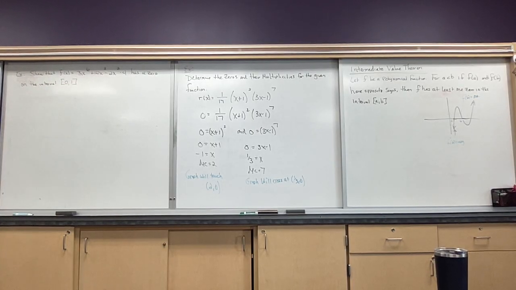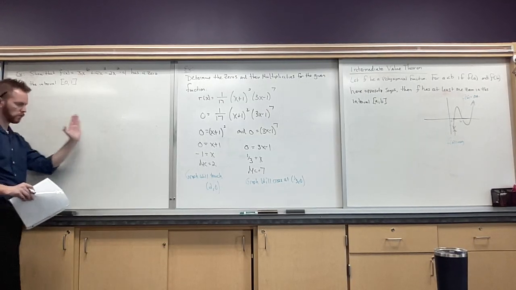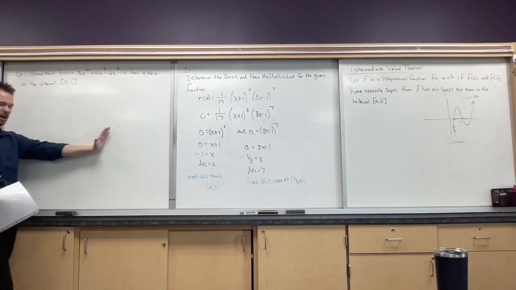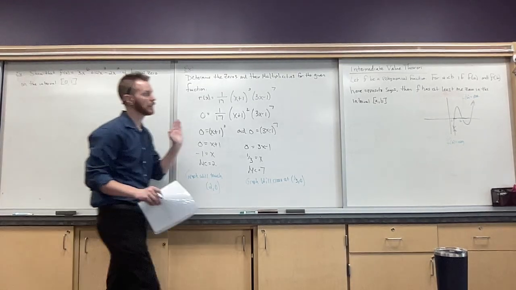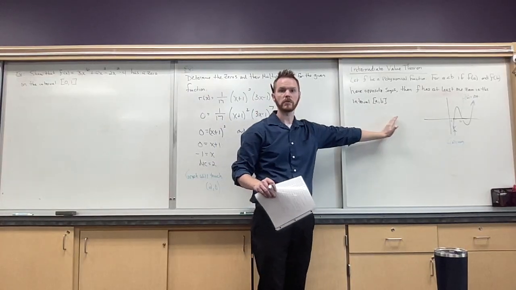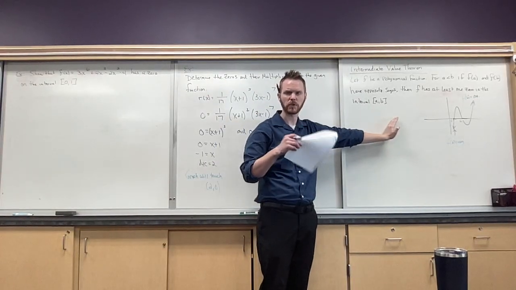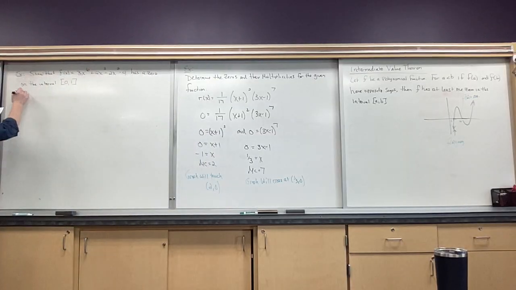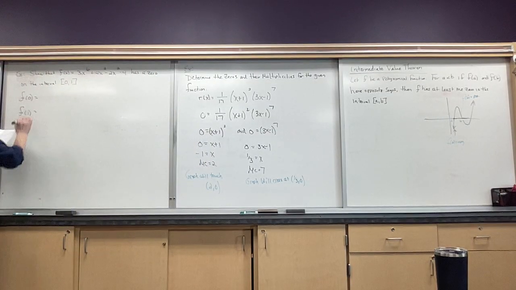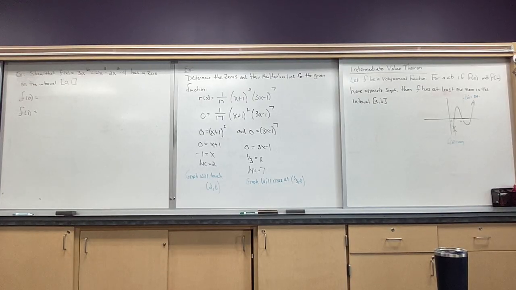So I'm not going to graph it. I'm going to skip the graphing part. I just want to know, on the x-axis, from 0 to 1, does it cross? And how are we going to figure it out? By plugging it in and comparing the y values. If the sign changes, then I know it has to cross. So let's find f of 0 and f of 1 and make that comparison.